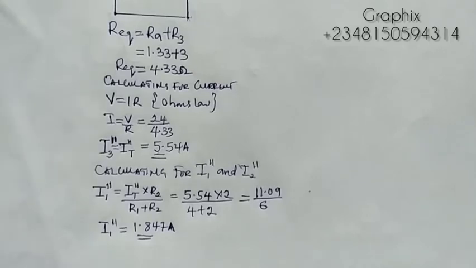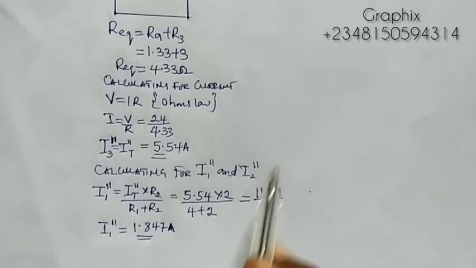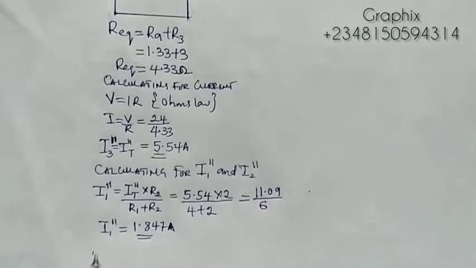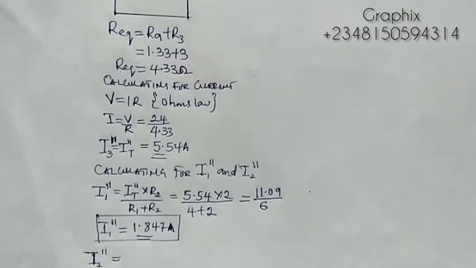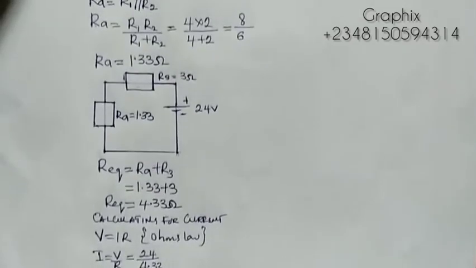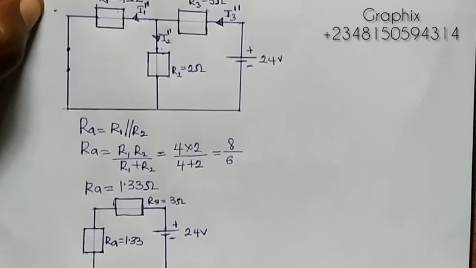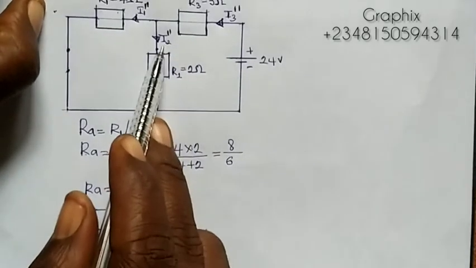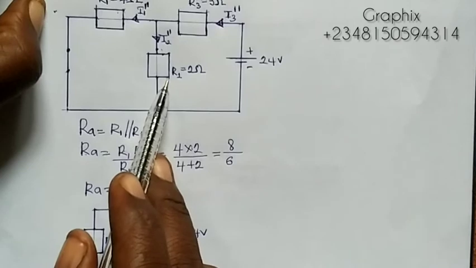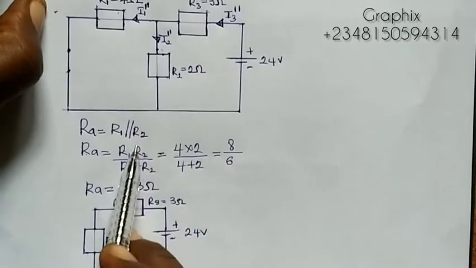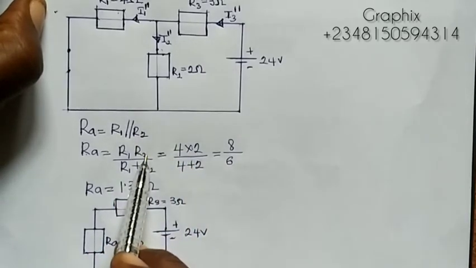Now we're going to do the same thing. We want to look for I2 prime prime. For I2 prime prime, if you look at this, I2 here is flowing through R2, so I'm going to remove only R2 from here and everything remains intact.